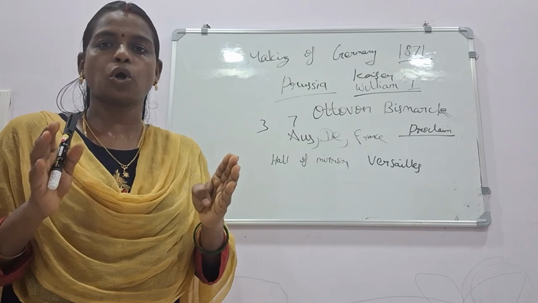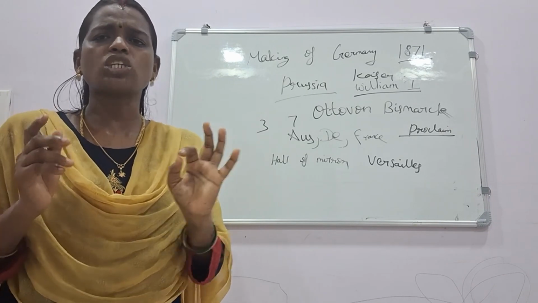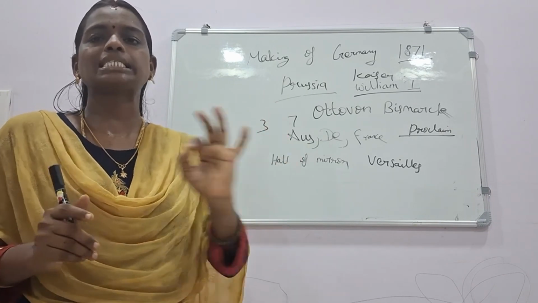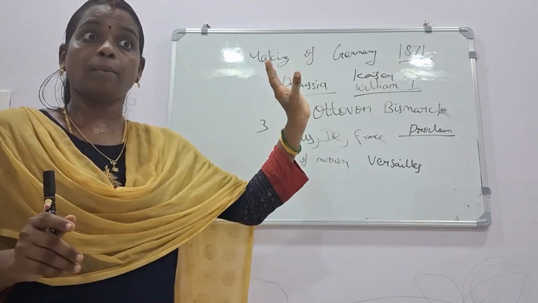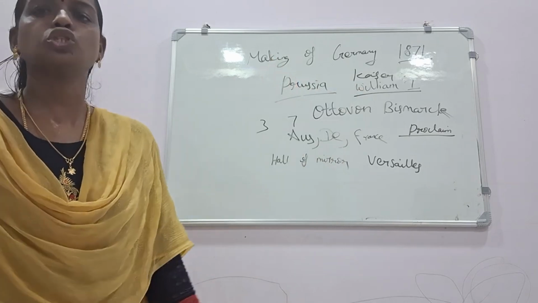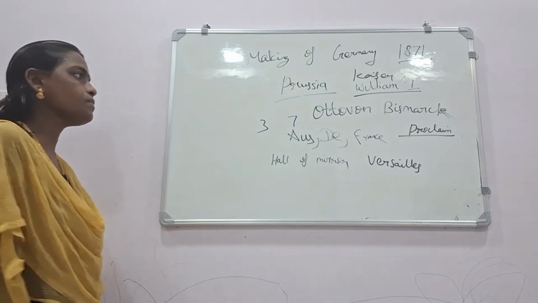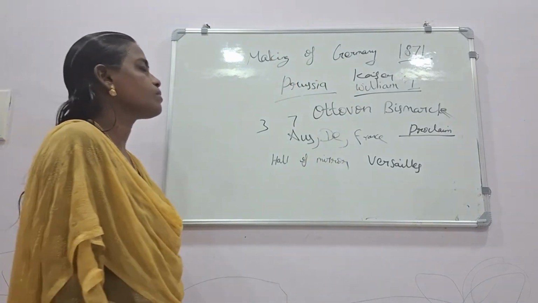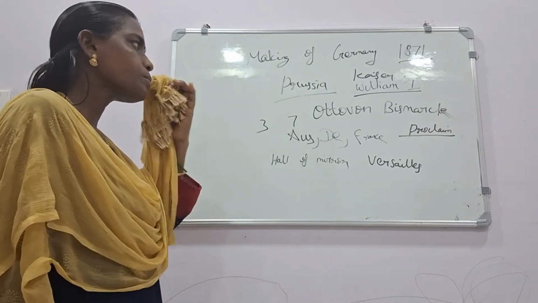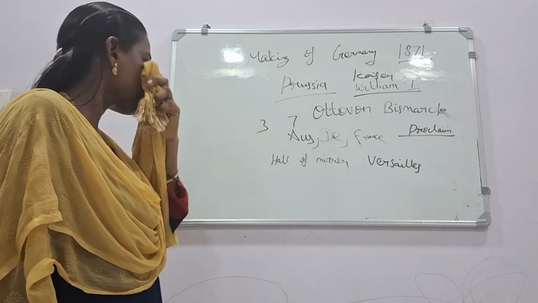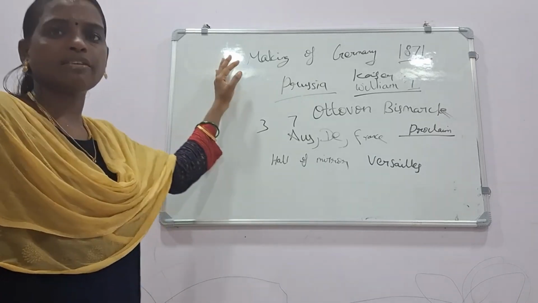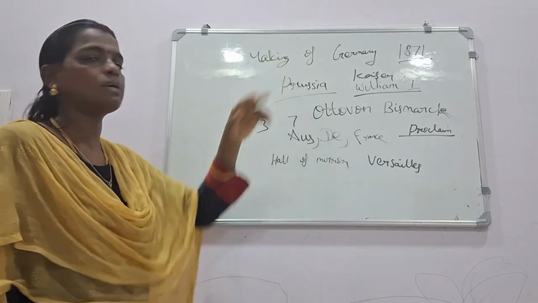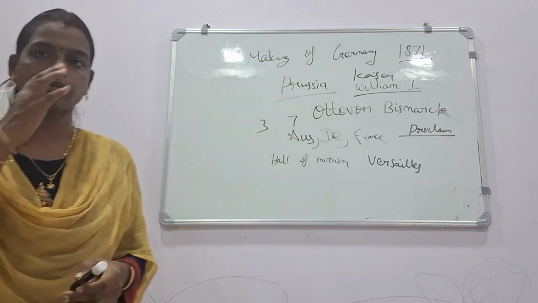Almost all fields were touched, and they made a lot of changes when they became the ruling dynasty of Germany. So this is the information given under the making of Germany, which happened in the year 1871.